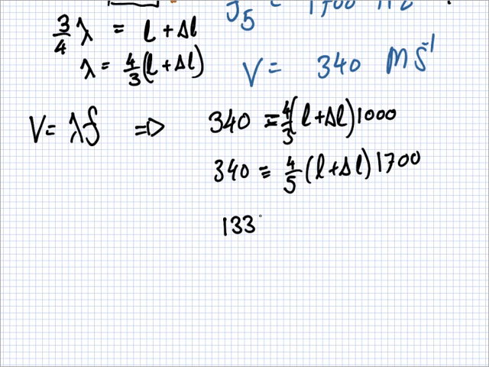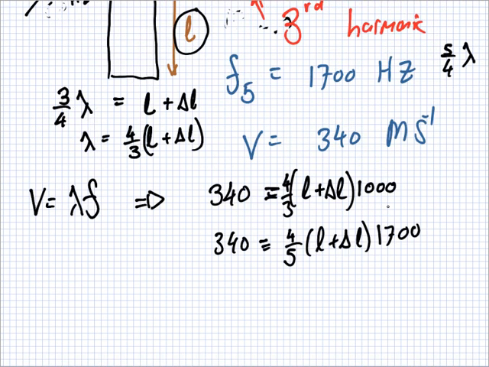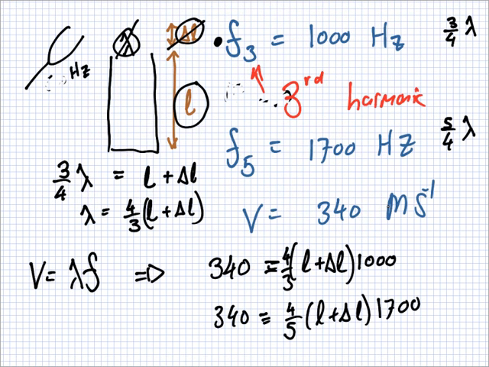Oh, of course, 1333 L plus 1333 delta L. I do this every year. I think I made a mistake with my delta L every time. Let's see. Let me just think.